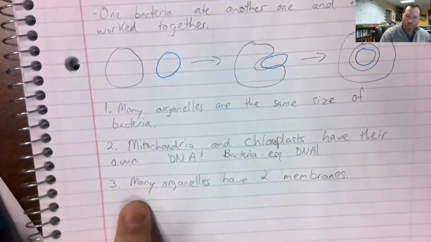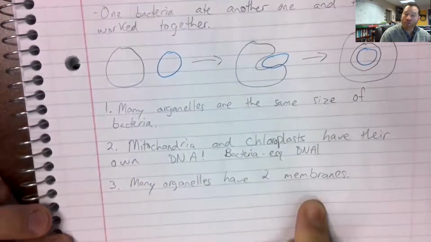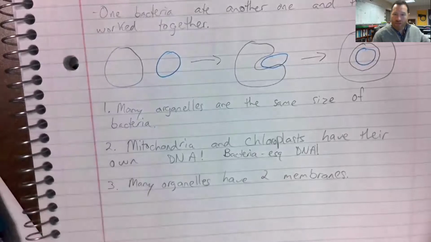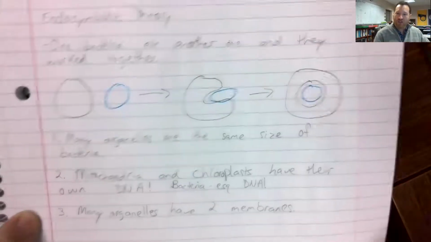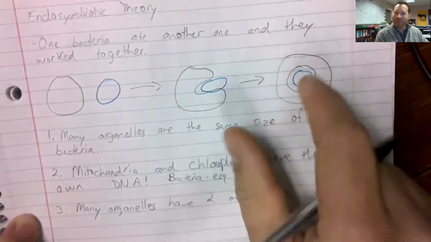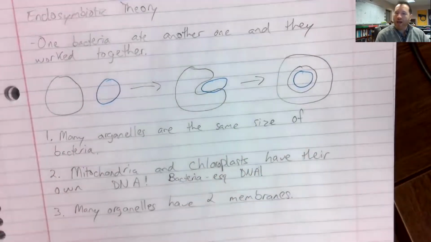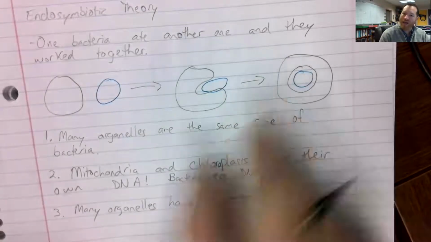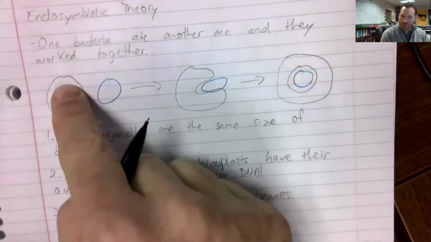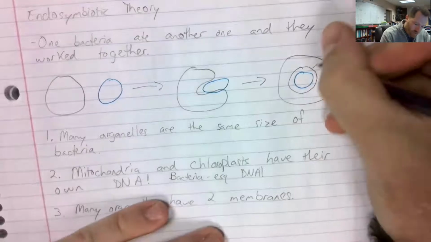And finally, the third piece of evidence: many organelles have two membranes. So it looks like a duck, quacks like a duck. Oh my goodness, they have their own DNA. And this kind of explains this right here. I mean, how many membranes would you expect an organelle to have if it were indeed swallowed by another one?